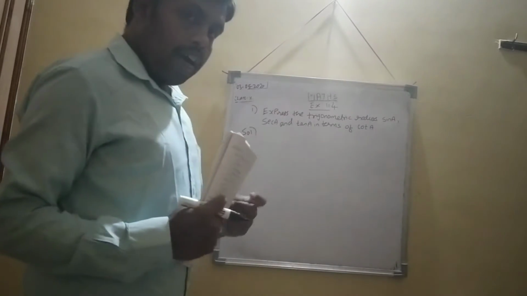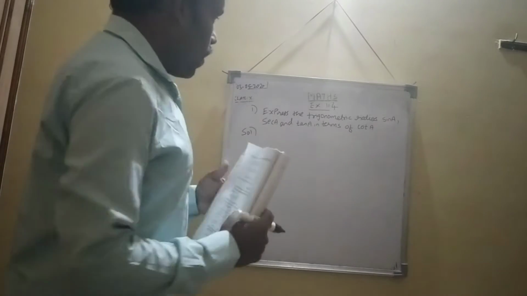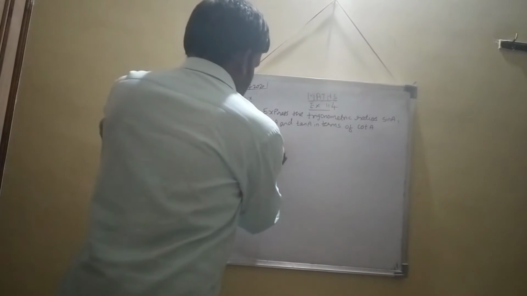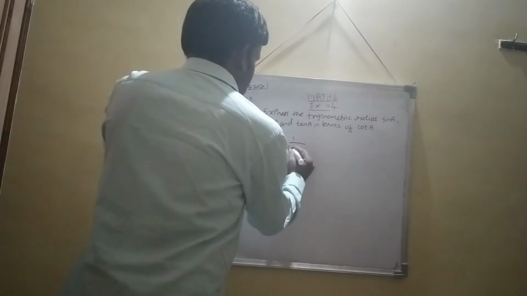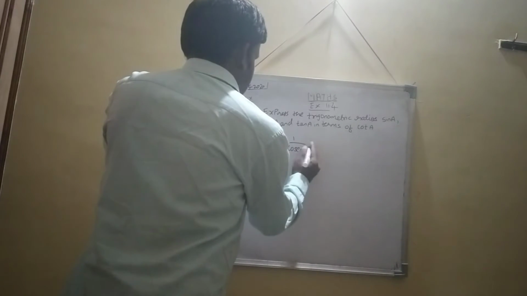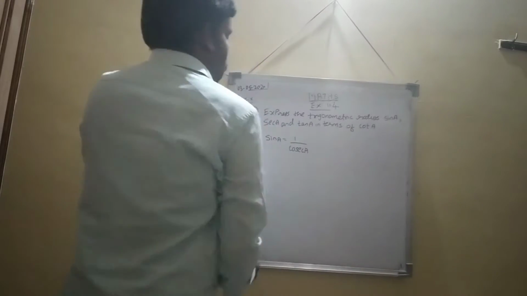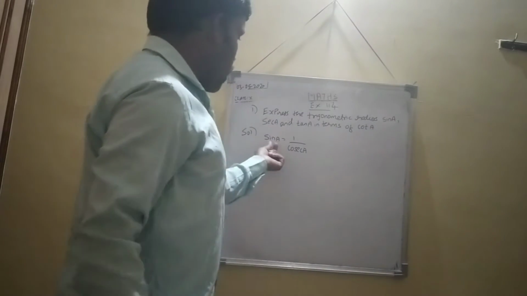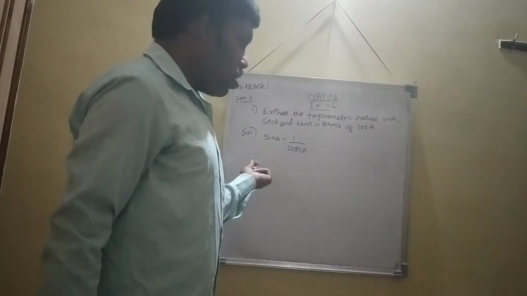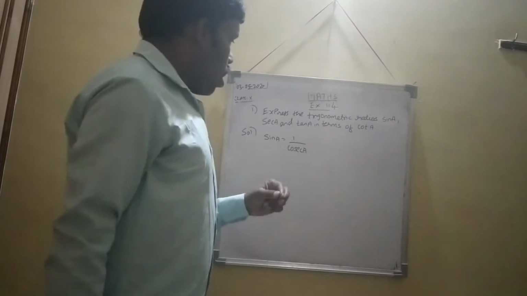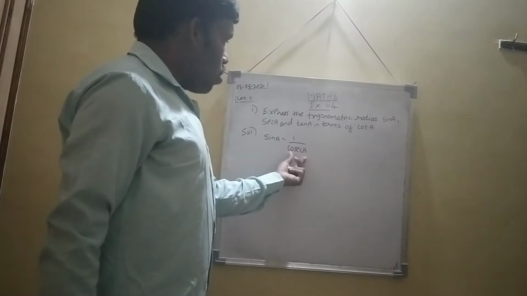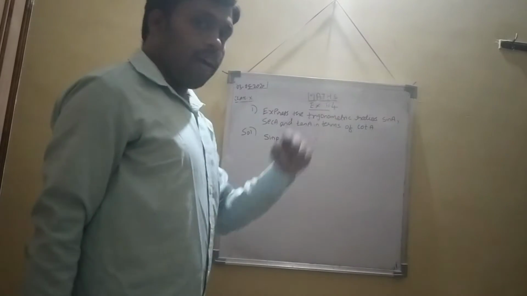It is not directly related to cot, but we know the reciprocal of sin A is cosecant A. So we can write sin A as 1 by cosecant A. But why did we write cosecant? Because we know in the identities cosecant and cot are related.